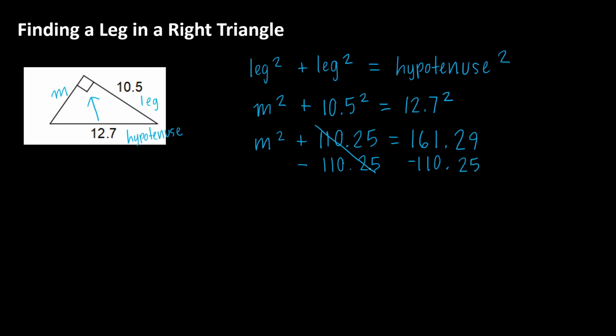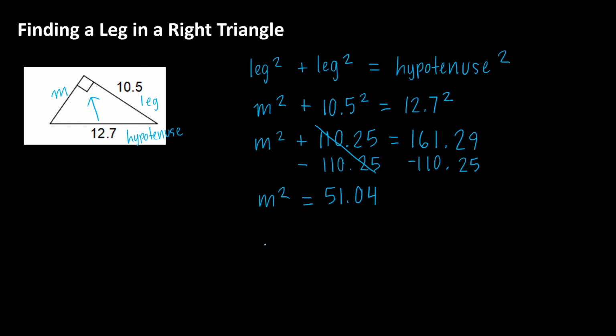So this cancels out, and we get m squared equals, let's see, the difference between 161.29 and 110.25 equals 51.04.